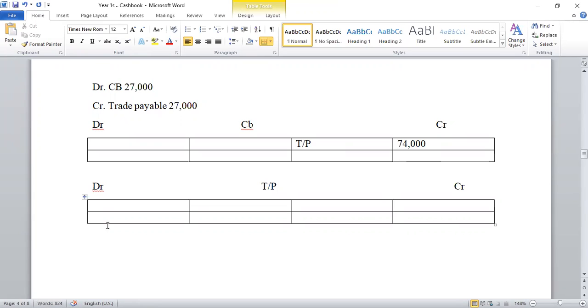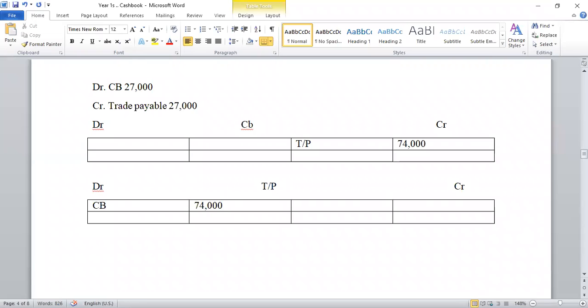These are the entries that they passed. This is my cash book, we can call it bank account, whatever you want to call it, it's still the same thing. On an entry that they were supposed to debit and credit 47,000, they instead did a 74,000 entry.